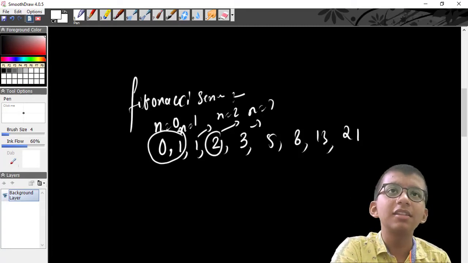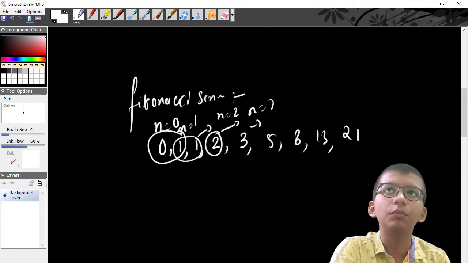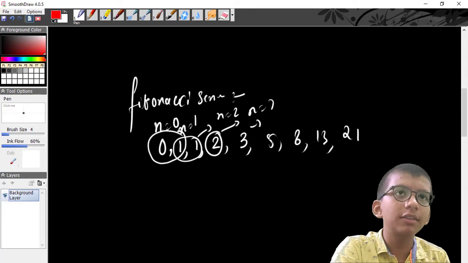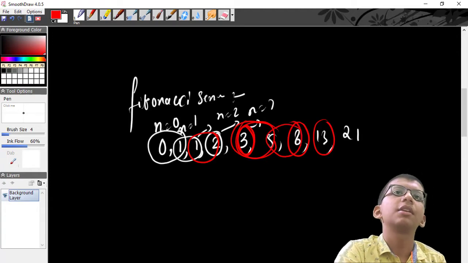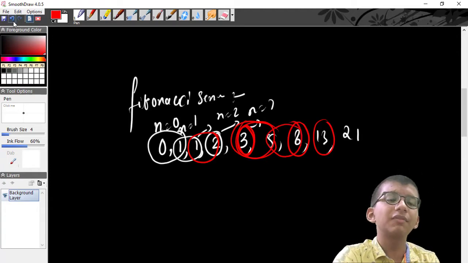For 3, it is the sum of 1 and 2. For 8, this is 3 and 5. For 13, it is 5 and 8. So this is how the Fibonacci series works.